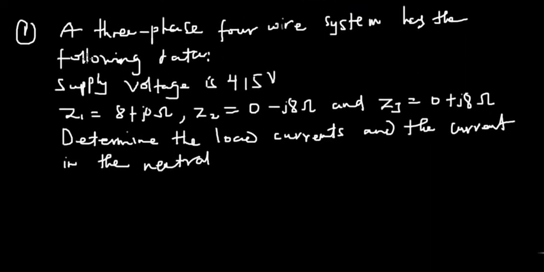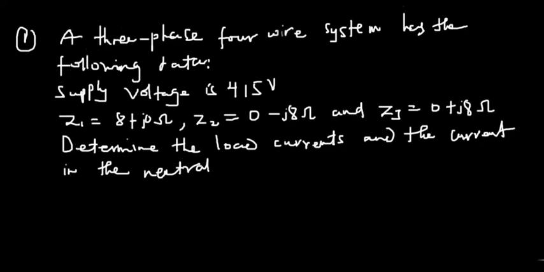Right, so we have a 3-phase 4-wire system having the following data: a supply voltage of 415 volts, impedance 1 of 8 plus J0 ohm, impedance 2 of 0 minus J8 ohm, and impedance 3 of 0 plus J8 ohm.